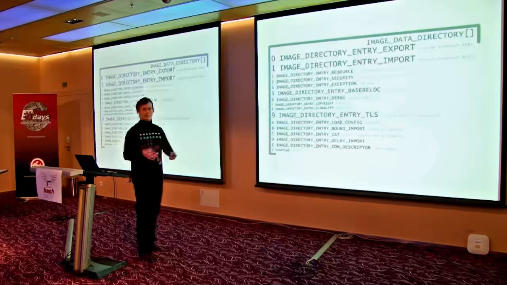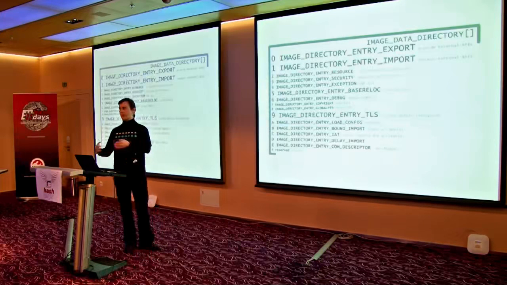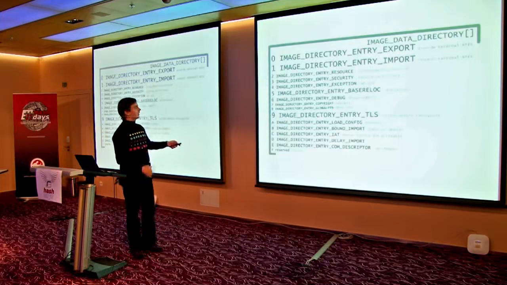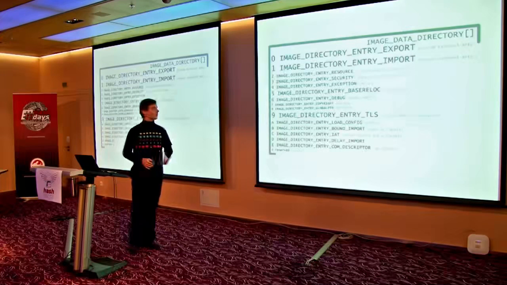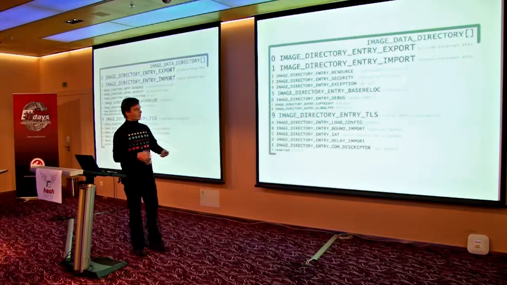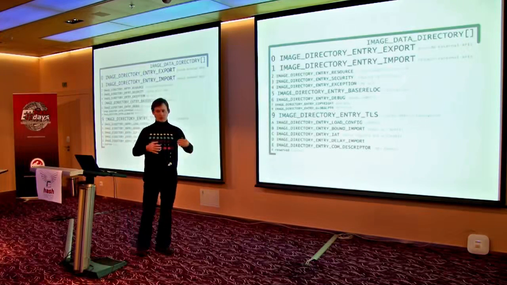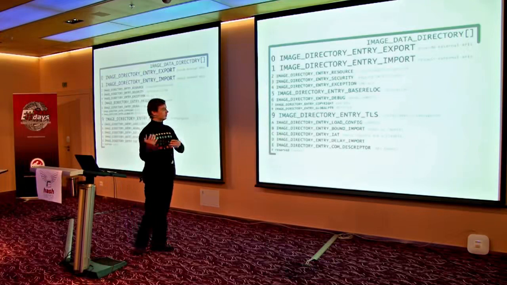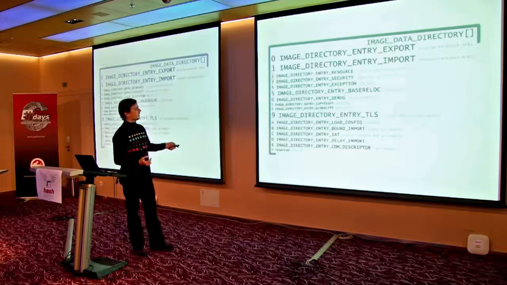Security is where you have the digital signature. It points to where the digital signature is in the file. Exception is used in 64-bit mode for exception handling. Relocations, I'll talk about them later, but it's when the file has to be relocated in memory. So this is information to know how to perform that.